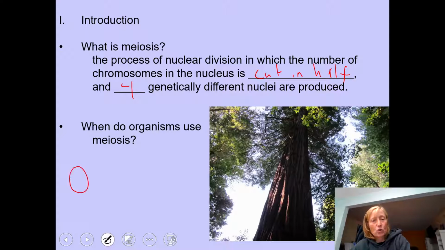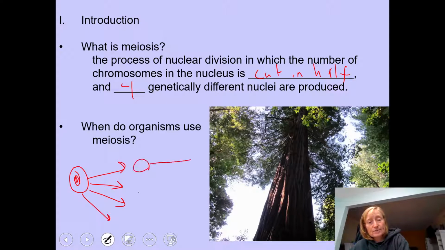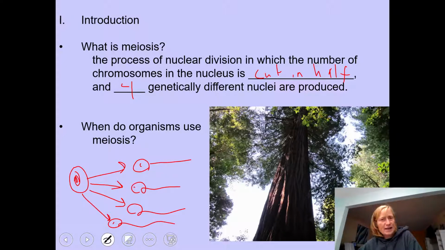And in meiosis, one parent cell gives rise to 4 genetically different daughter cells, eggs or sperm, and they each have half the genetic material in them. And that makes sense because eventually, during sexual reproduction, a sperm is going to meet up with an egg, and their genetic material will come back together again.